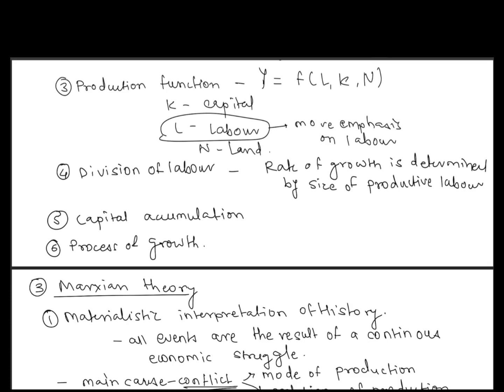And sixth one is the process of growth. In that process, there are some agents of growth like farmers, producers, businessmen, etc. Not the government, of course.